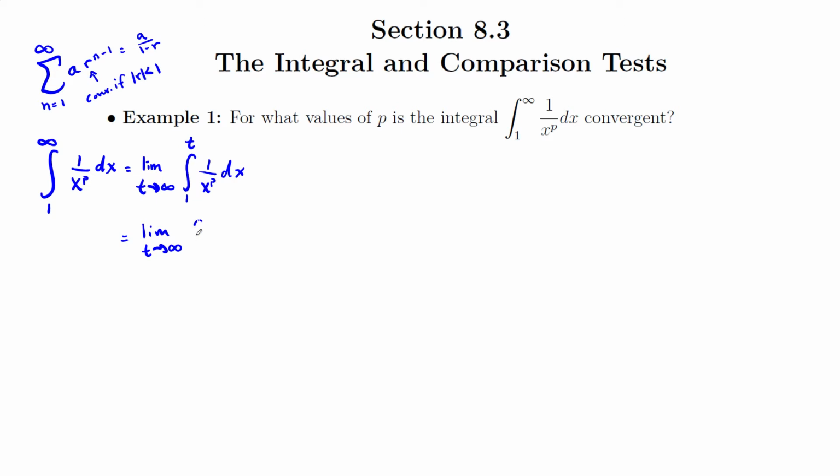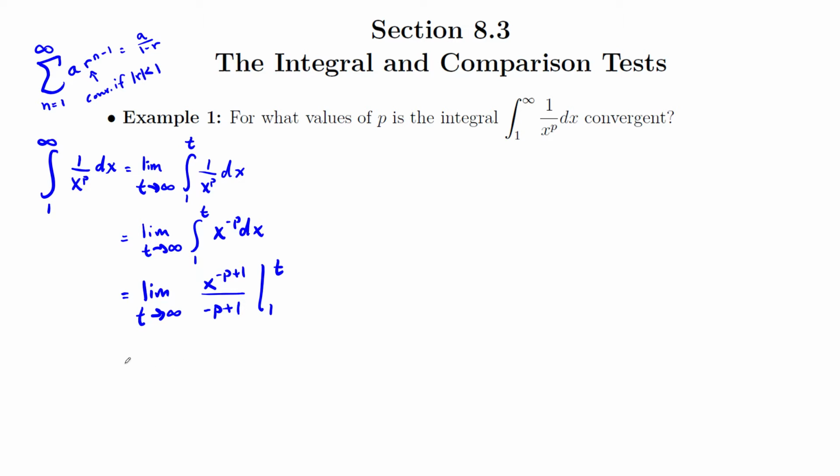And so this will be the integral from 1 to t of x to the negative p dx. And so now I'm ready to take the antiderivative, right? So what do we do? We add 1 to the exponent and then divide by that new exponent when we take an antiderivative. And we do that from 1 up to t.